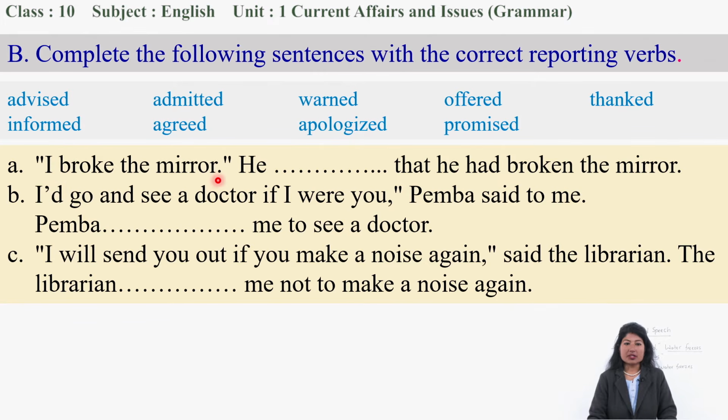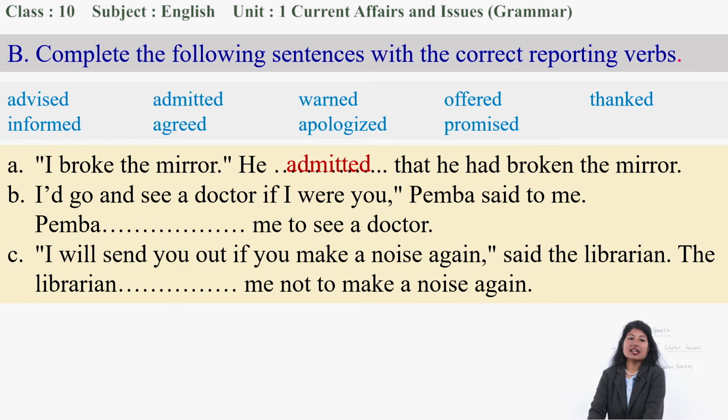I broke the mirror. He that he had broken the mirror. He realized that. So what word is suitable over here? Realizing is, yes, admitting. So here admitted is the suitable word. Have you guessed the same? Good.